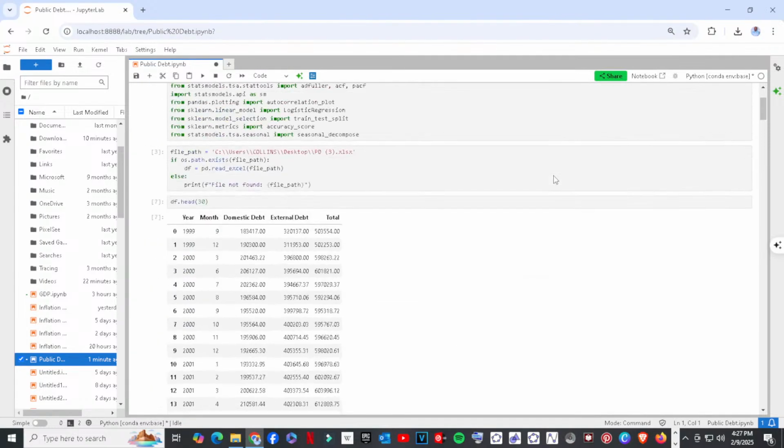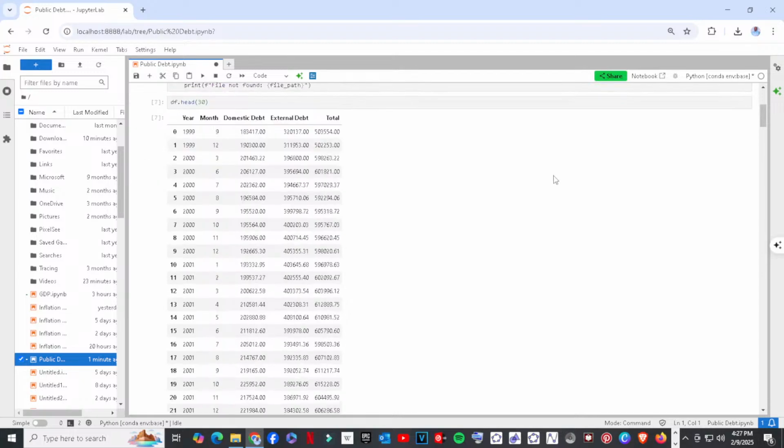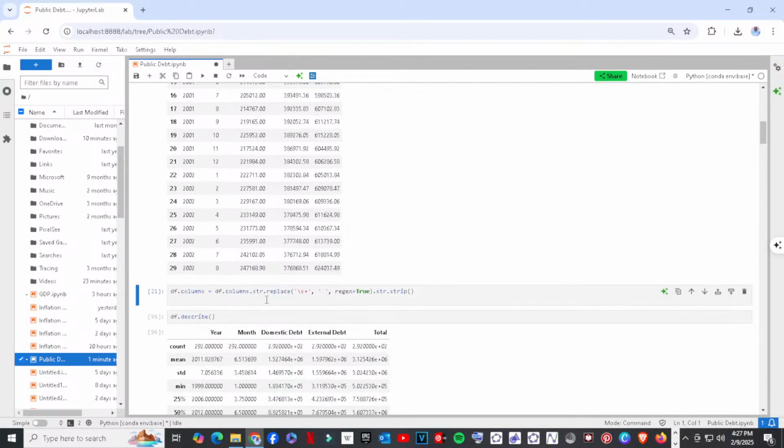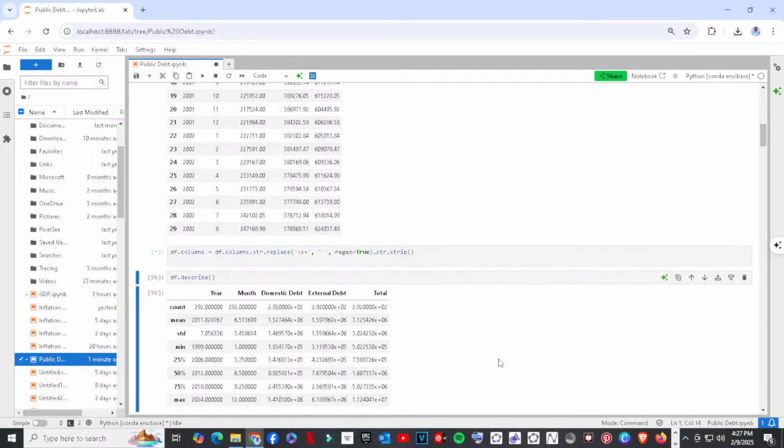Because there's something that I've already done on the data, you can see that the column for total is already there, and this command is for removing any leading or trailing spaces in the columns.